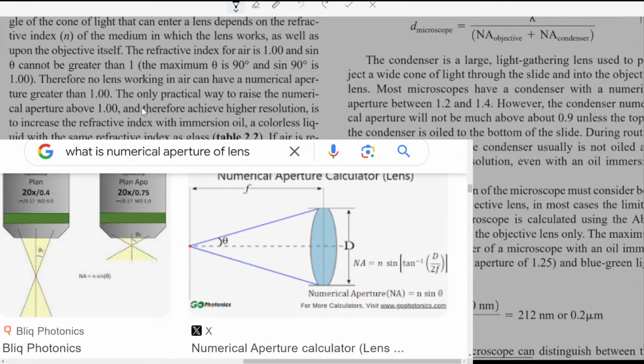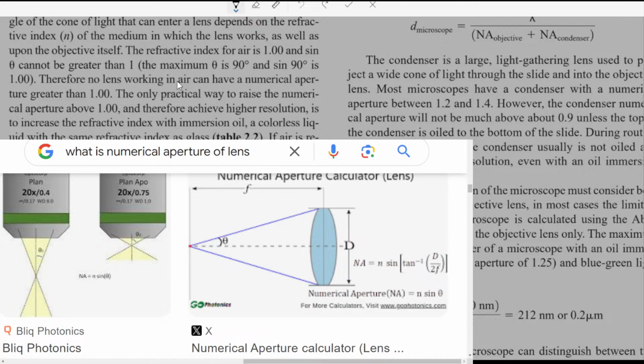Yeah, the only practical way to raise the numerical aperture above 1, and therefore achieve higher resolution, is to increase the refractive index with the immersion oil, a colorless liquid with the same refractive index as the glass, right? So they are saying that the refractive index of the lens is 1, like they can refract the light only until 90 degrees. If it goes above that, it won't work normally.